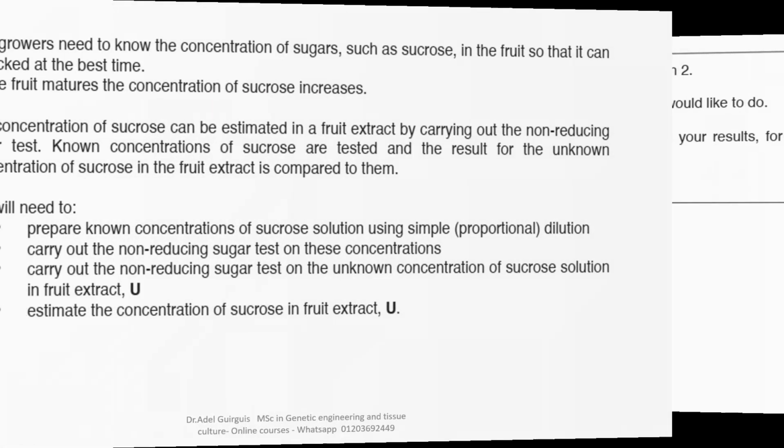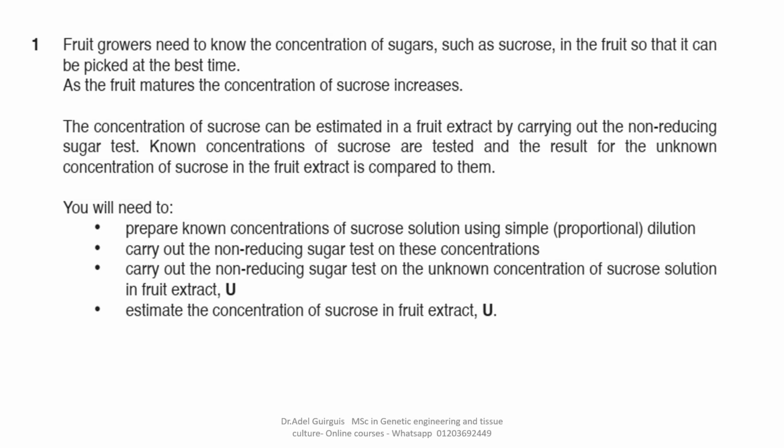Let's start. Number 1. Fruit growers need to know the concentration of sugars, such as sucrose, in the fruit so that it can be picked at the best time. As the fruit matures, the concentration of sucrose increases. The concentration of sucrose can be estimated in fruit extract by carrying out the non-reducing sugar test. Known concentrations of sucrose are tested, and the result for the unknown concentration of sucrose in the fruit extract is compared to them.